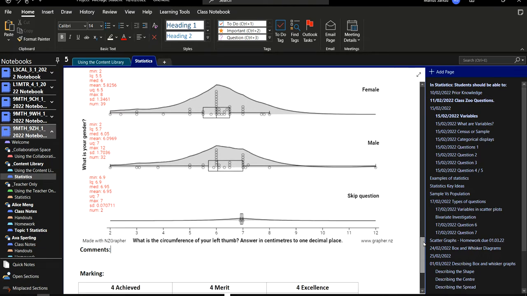The female ones look a little bit skewed to the left. Even the male ones, if we take the 12 one out, it's going to be skewed to the left. Very kind of symmetrical here, but with a lot of values towards the lower circumference values. And the conclusion is, I cannot tell that there is a difference between boys and girls. Yes? Cool.